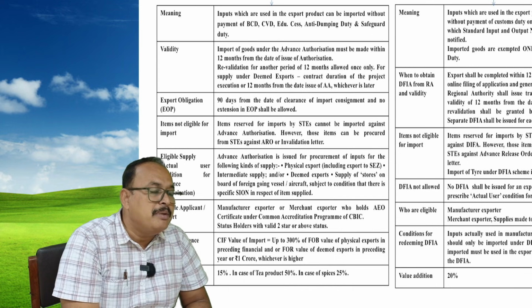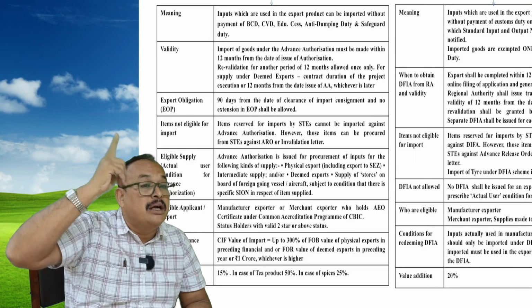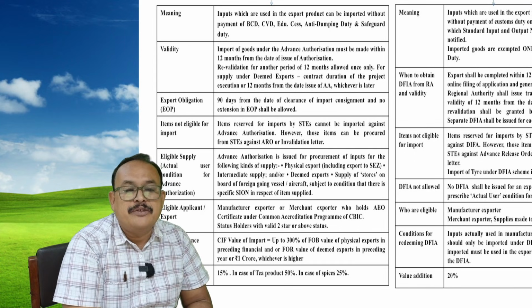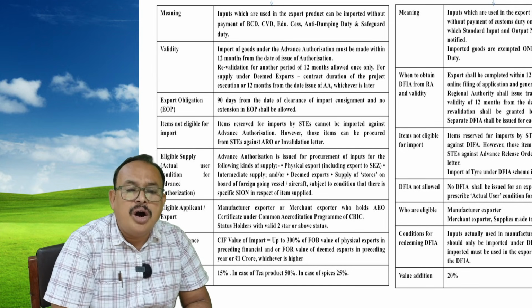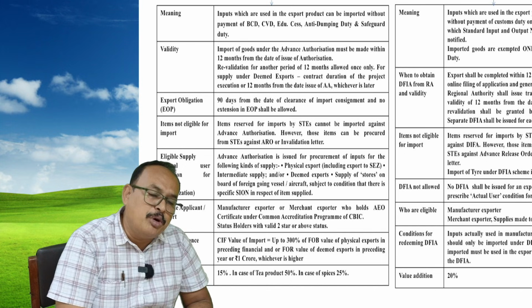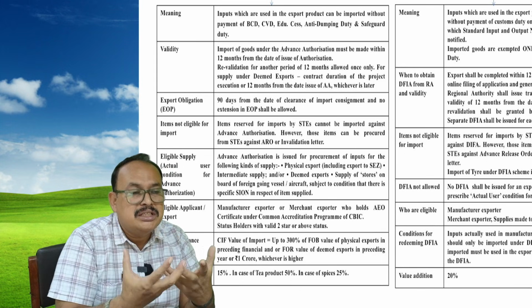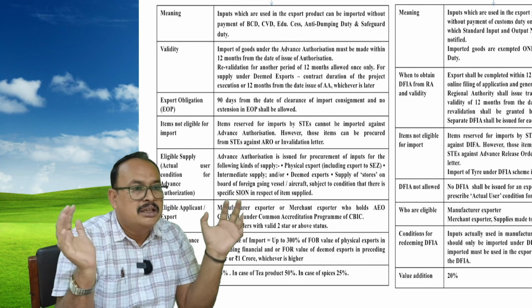Actual exports taken place out from India to outside India, not the deemed export. 300% FOB value of physical exports in the preceding financial year or FOB value of deemed exports in the preceding financial year. That means physical exports plus deemed exports in the previous year clubbed together.